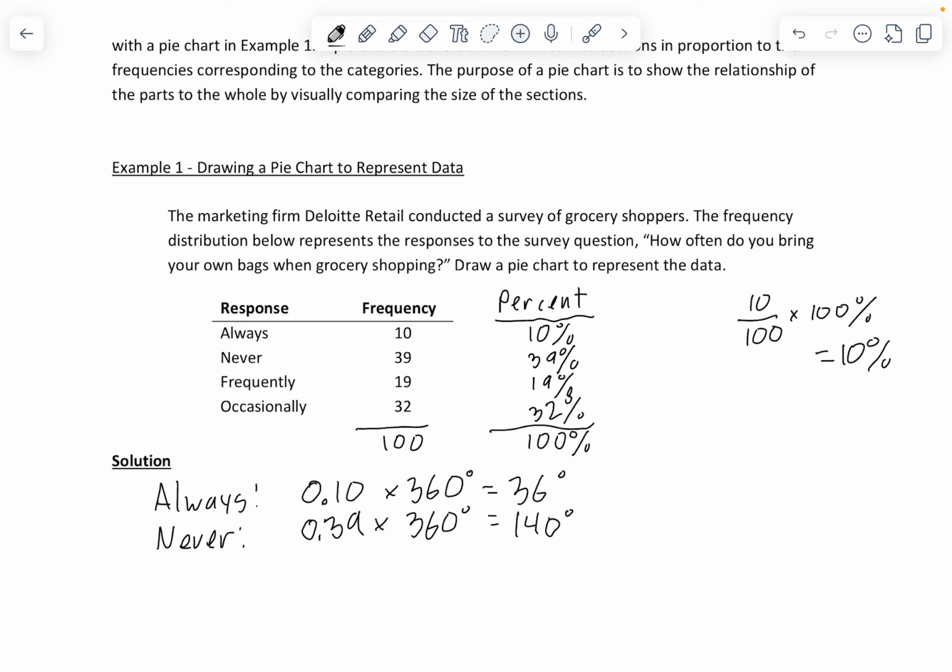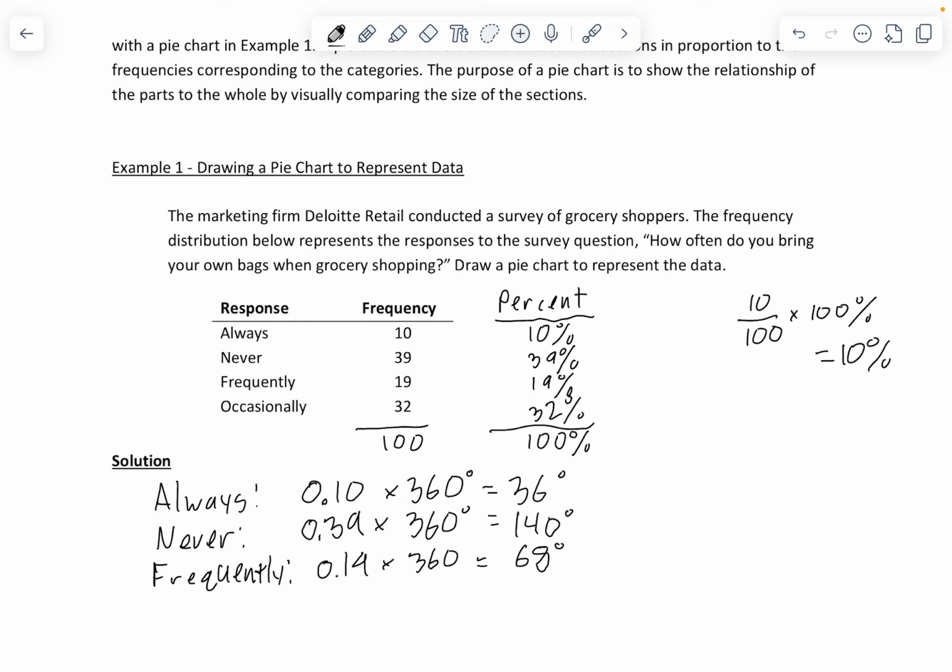Okay. Frequently, this would be 0.19 times 360, and that works out to be 68 degrees.